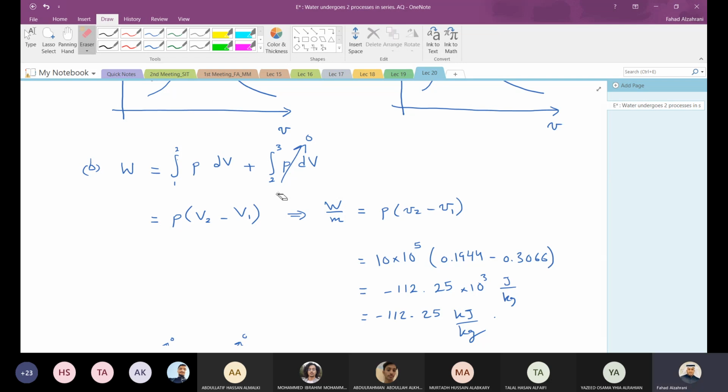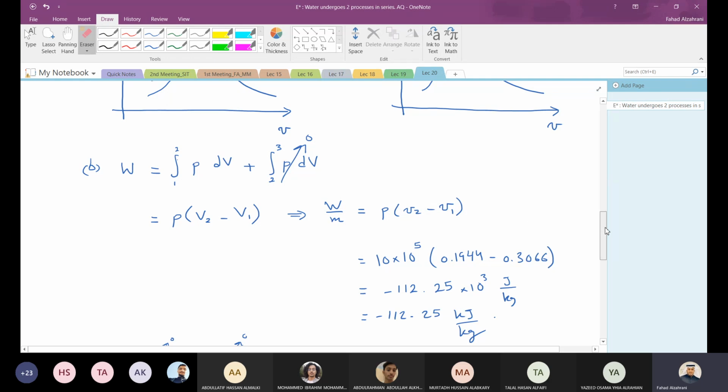Any question about this يا شباب؟ واضح؟ واضح how we evaluated the work for multiple processes. لو كان عندي process 3 to 4, 4 to 5, whatever, you can just add that if you have expansion or compression. Okay, excellent.